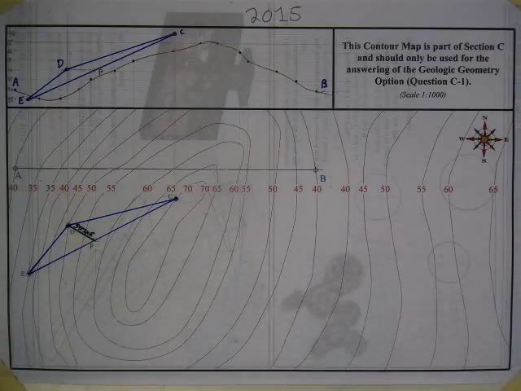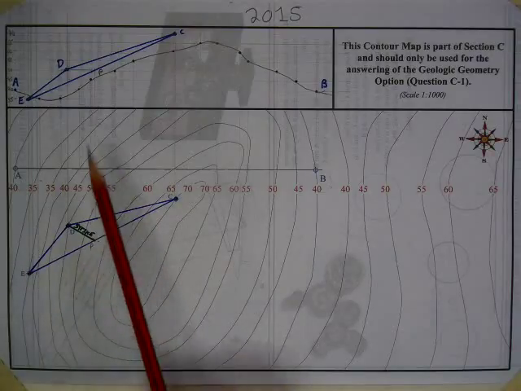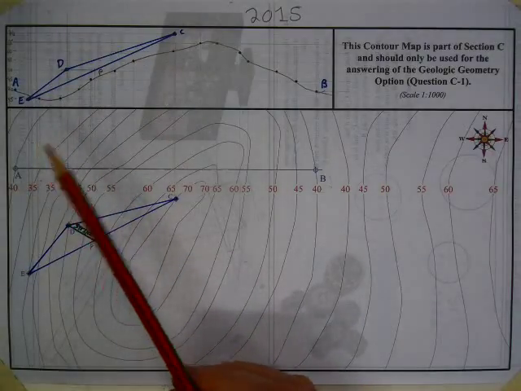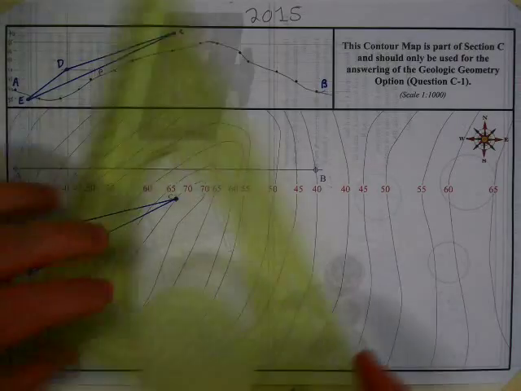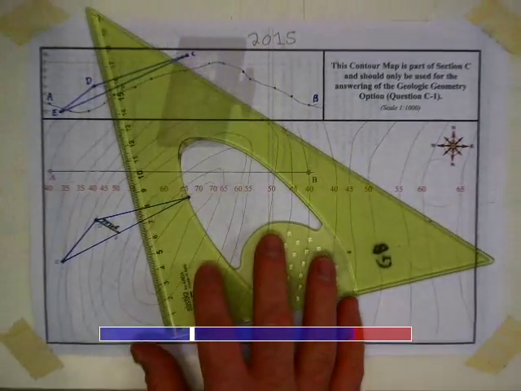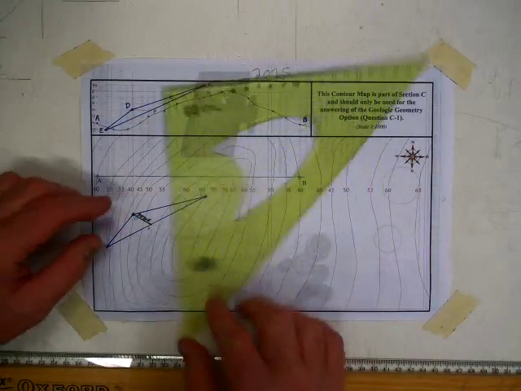Now, yesterday, if you remember, the dip is when you get a line view of this plane, the stratum of ore. So if we say that the three points on the set square are the three points CDE, right?